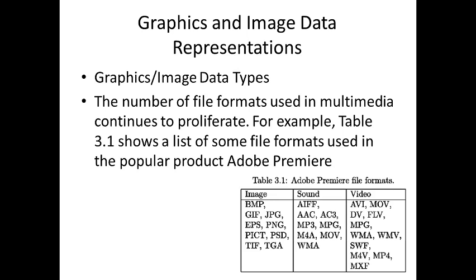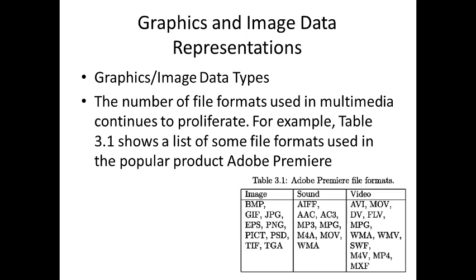Now the first thing is graphics image data types. The number of file formats used in multimedia continues to proliferate. For example, Table 3.1 shows some of the file formats used in the popular product Adobe Premiere. There are BMP images, GIF, JPG, EPS, PNG, PICT, PSD, TIF, TGA.